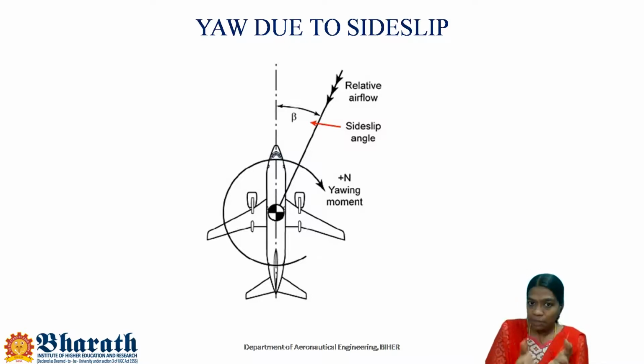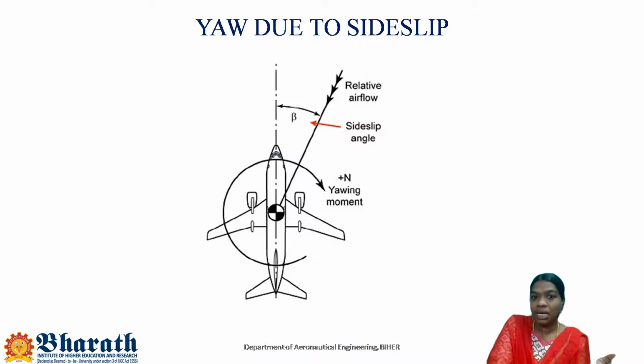Got it? I'll just repeat it once again. The relative airflow is the direction of the aircraft, the flight path direction. Due to some disturbance, the aircraft is deviated from its path by an angle of beta. That beta is nothing but the side slip angle. Now it is deviated from its path.